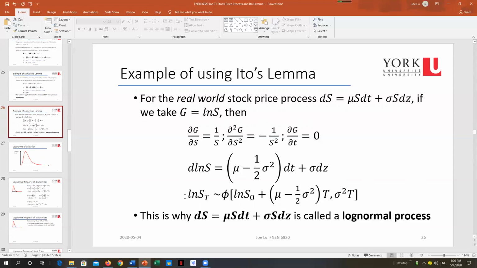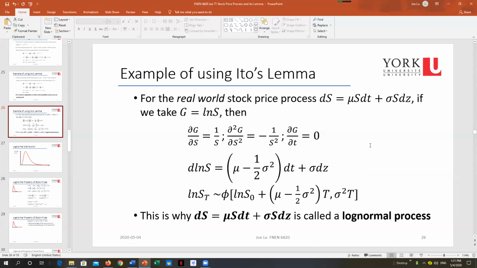And if you integrate, you will see that the distribution of log S at time T, T being a future time point, is normally distributed with log S naught, which is initial time.